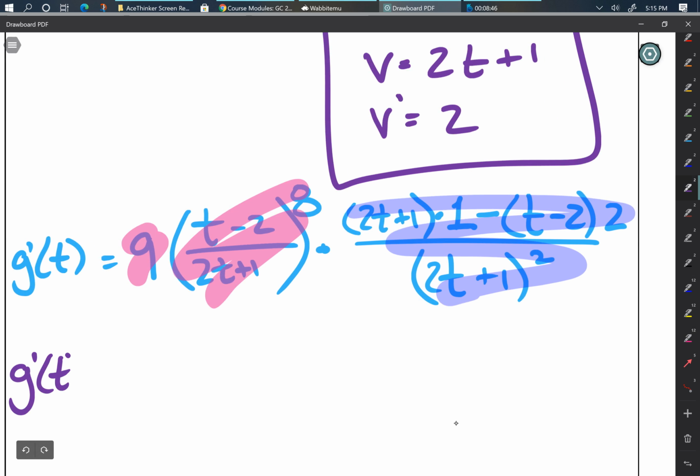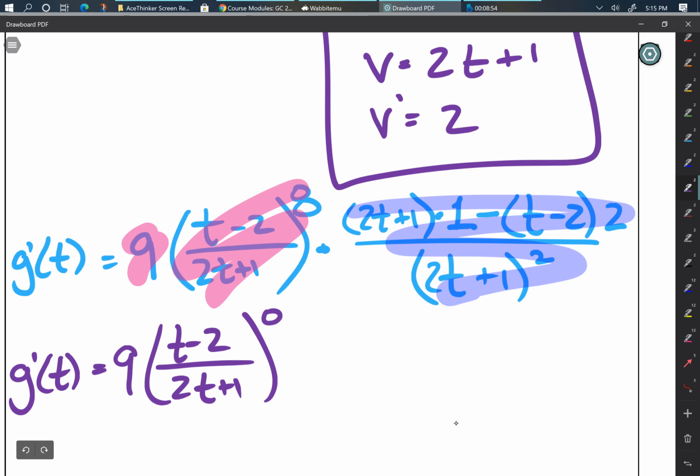So g prime of t, 9 t minus 2 over 2t plus 1 to the 8th times, let's see, in my numerator, when I distribute, I'm going to have a positive 2t in the first term and a negative 2t in the second term. So they're going to cancel each other. That'll be nice. I'll have a positive 1 in the first term.